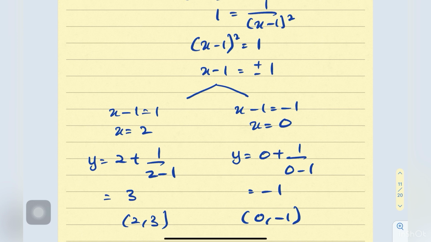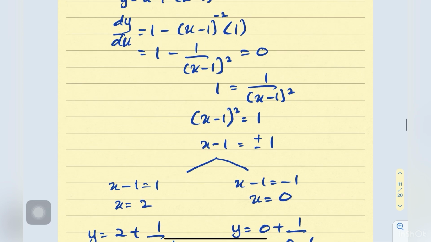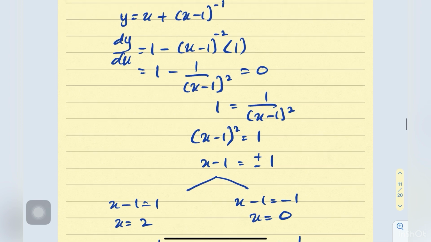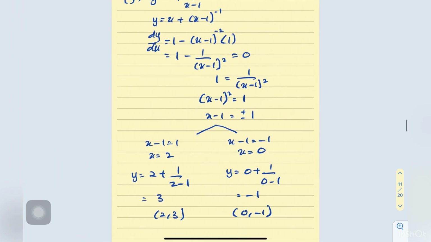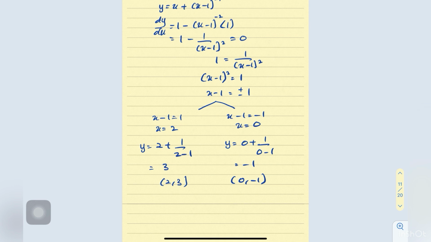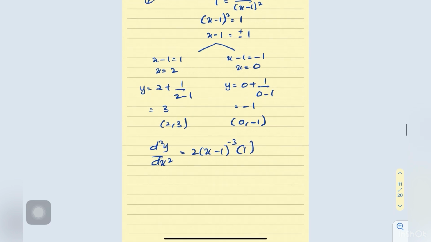Okay, identify which one is maximum or minimum. So just now, dy/dx is this one. From this, d squared y/dx squared equals 2 times (x minus 1) to the power of negative 3 times 1, which is 2 over (x minus 1) cubed.